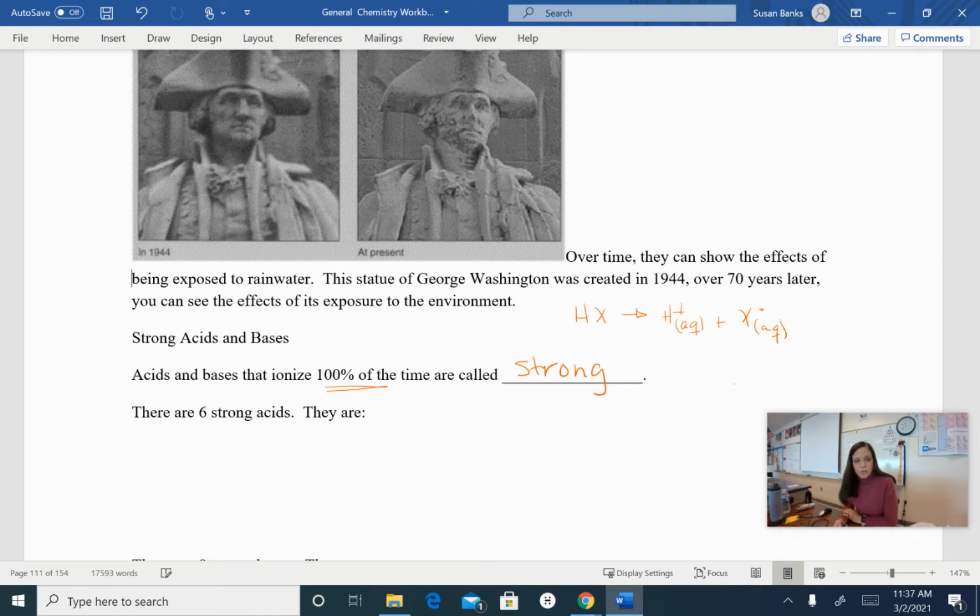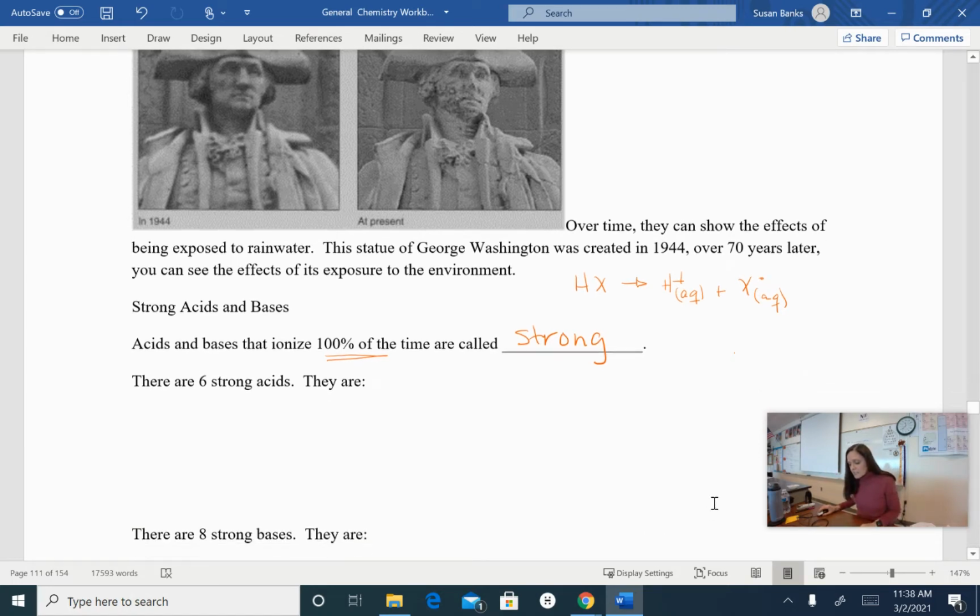That little AQ, if you remember, reminds us that it's dissolved in water. So when I put strong acids in water, the hydrogens come off and create hydrogen ions, and the nonmetal or the polyatomic negative ion is also an ion, and they're free floating in the water.